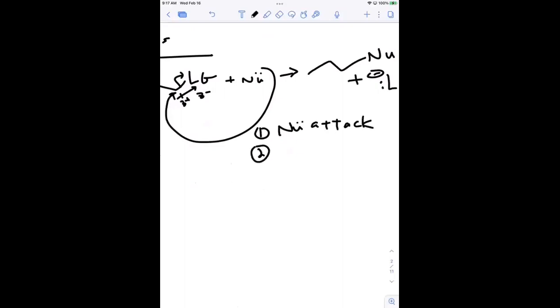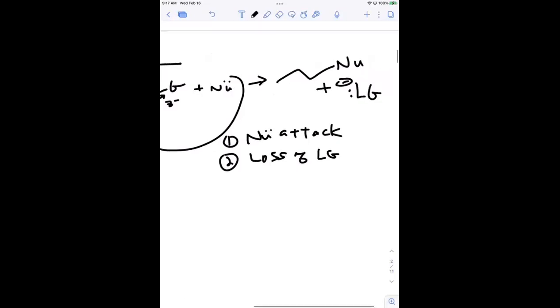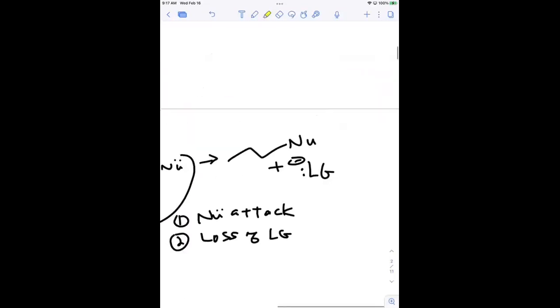And then we had a loss of leaving group. Those two steps are going to basically make up the bulk of what we need to understand about substitution. You have a leaving group that's leaving and a nucleophile that's coming in and replacing it. If you notice here in the product, the nucleophile has replaced the leaving group.